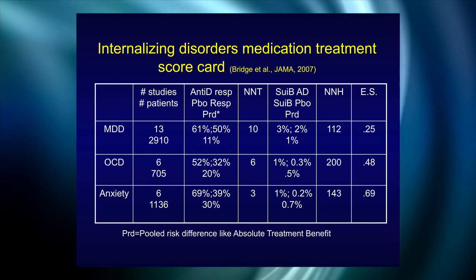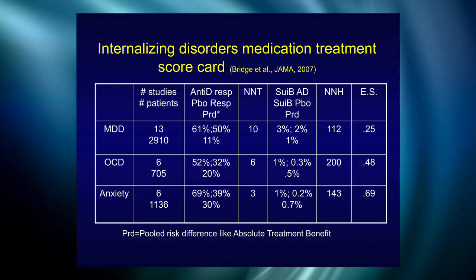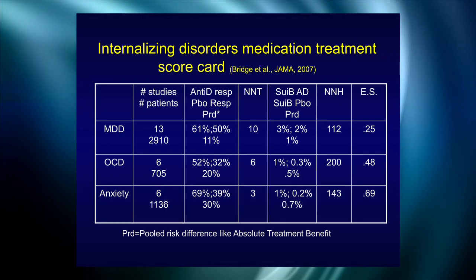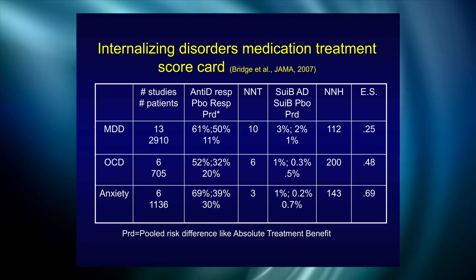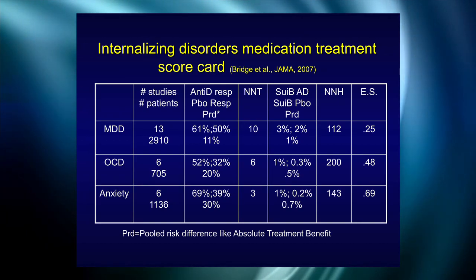The number of people that you see before you get a serious adverse event is the number needed to harm. So obviously what you want to have is a low number needed to treat. You want to be able to see fewer people before you get a response, and a high number needed to harm. You want the adverse event to be very, very rare. So you want to see lots of people before you get an adverse event.